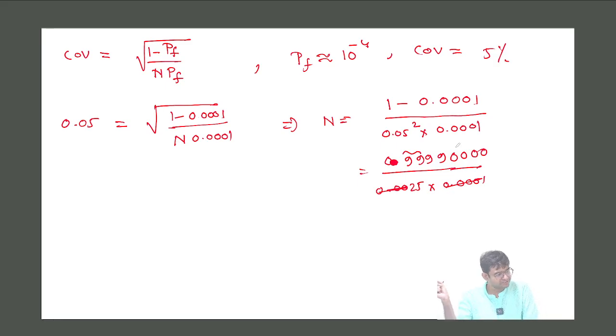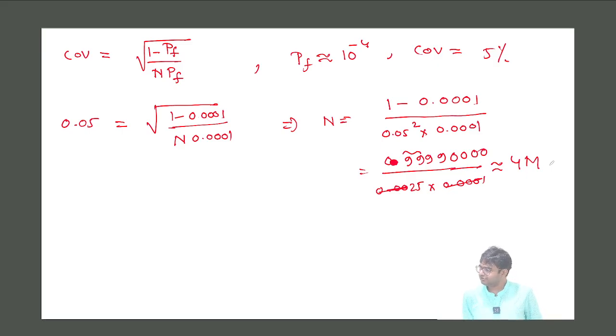If it is 1%, you can imagine what will happen. So this is approximately equal to 4 million, right. We already know that the convergence rate is slow, 1 by root n, but this is an example which puts everything into perspective. You can imagine 4 million simulations for just 10 to the power minus 4.